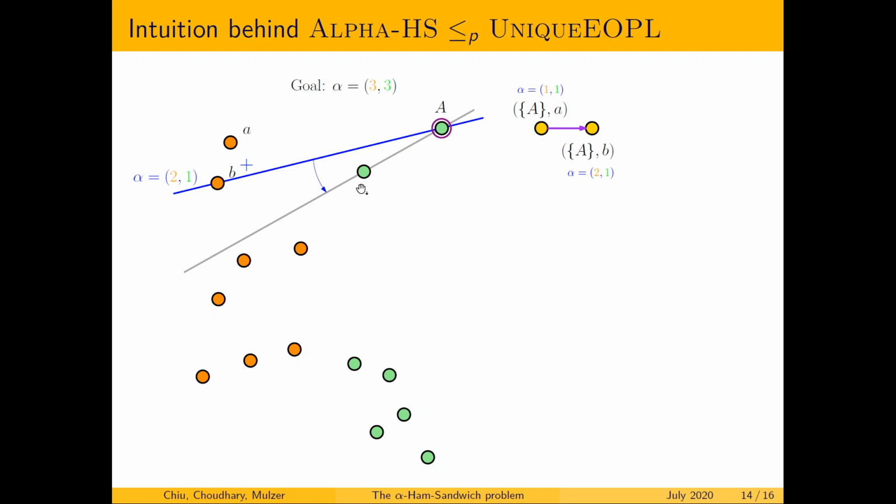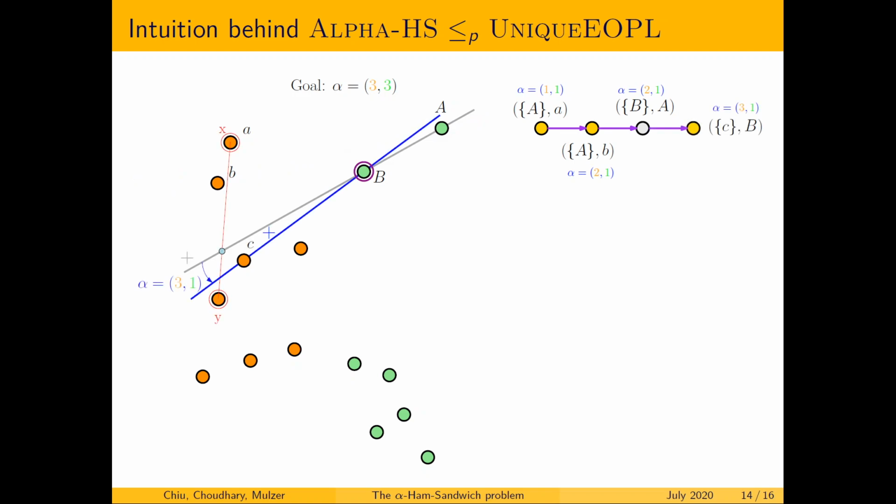Now, if we continue the rotation, then the alpha vector for green would increase to 2, which we don't want yet. So we switch the anchor and we continue the rotation. This way, we reach a hyperplane which realizes the alpha for the orange point set.